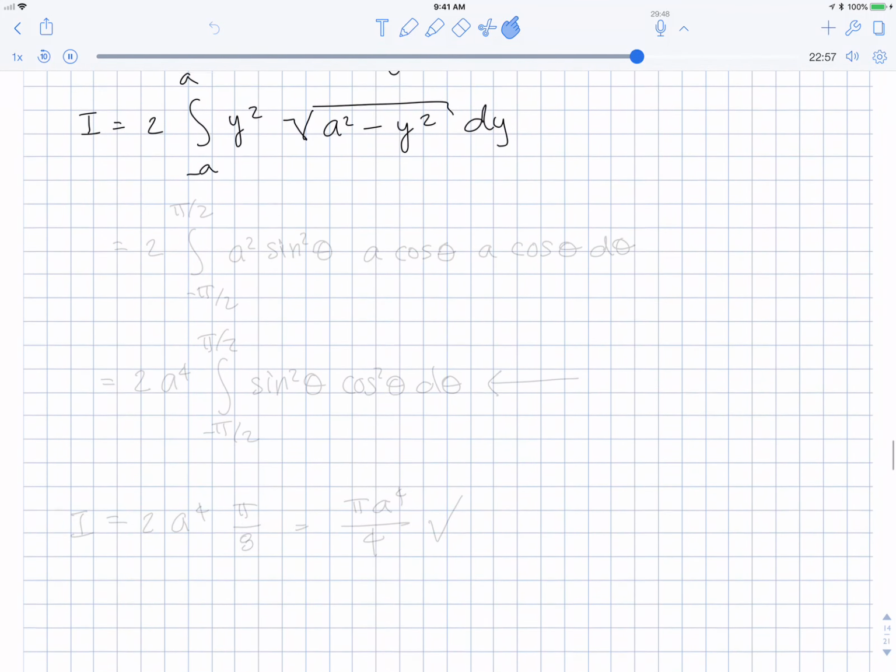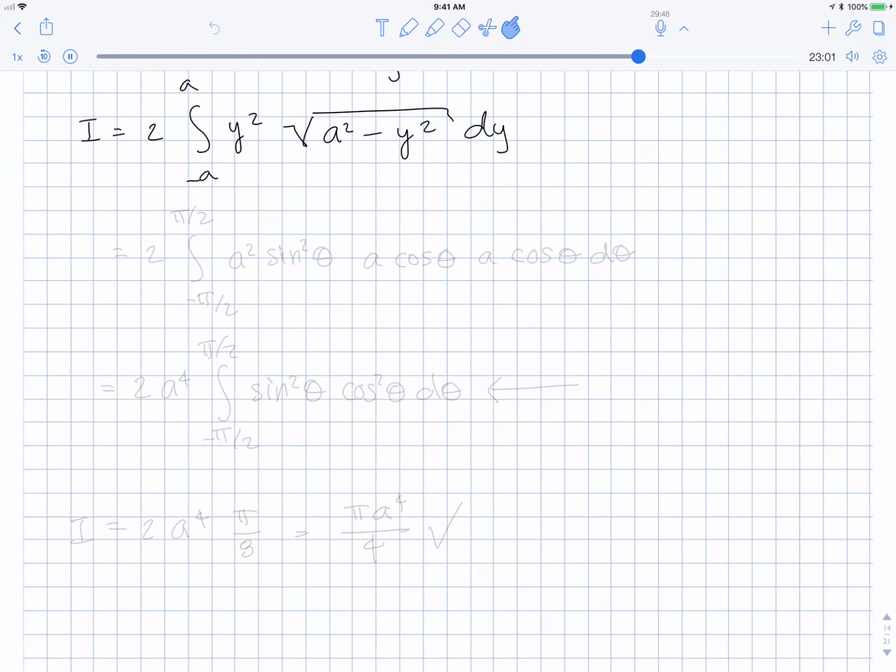And so when y equals minus a, sine theta is minus 1, so theta is minus pi over 2, so this equals 2 integral from minus pi over 2 to pi over 2.